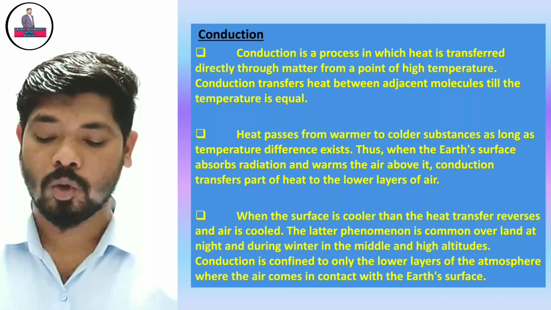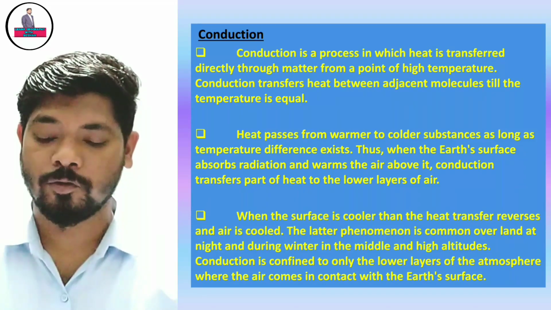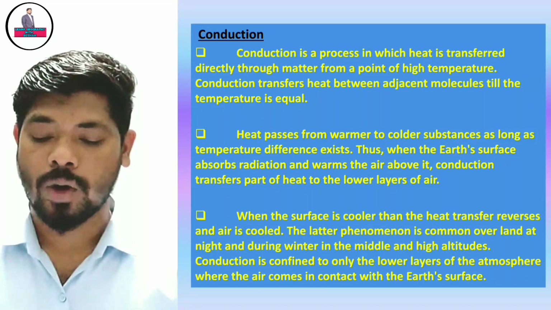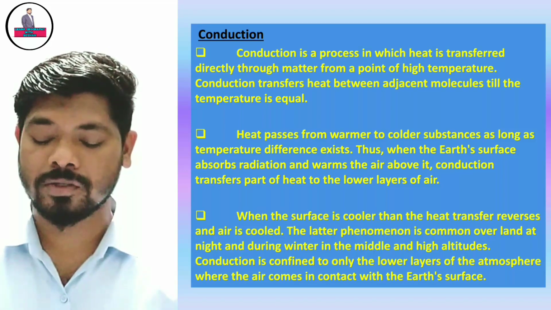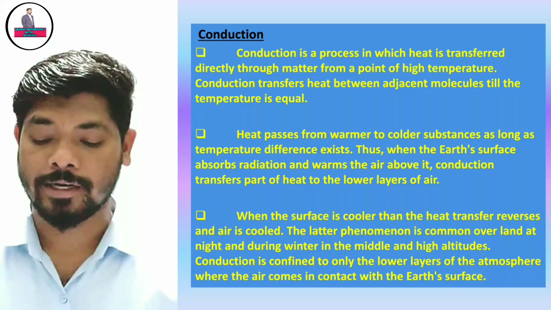Heat passes from warmer to colder substances as long as a temperature difference exists. Thus, when the Earth's surface absorbs radiation and warms the air above it, conduction transfers part of the heat to the lower layers of air.